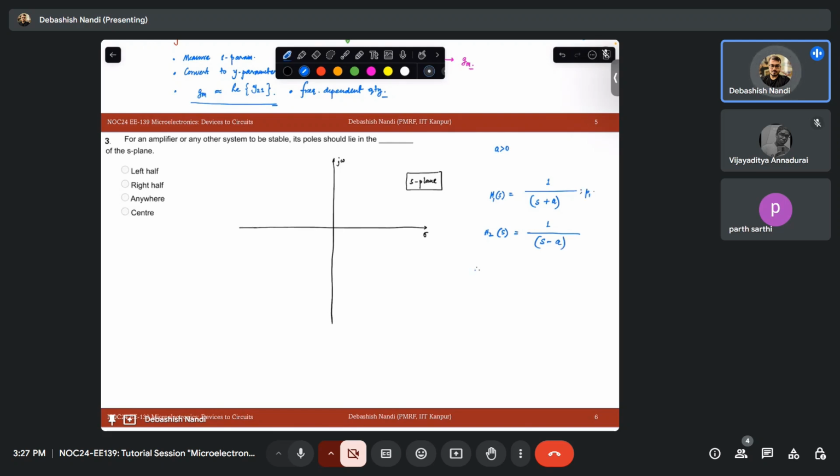P1 is at minus A location, and P2 is at A location. Let's say this is your P2 and this is your P1.